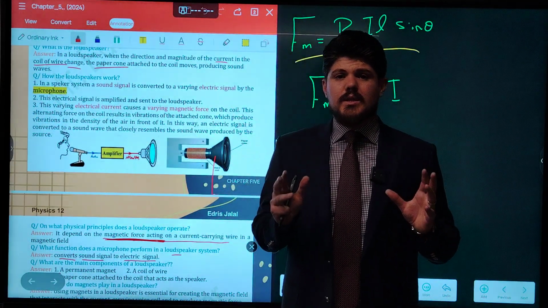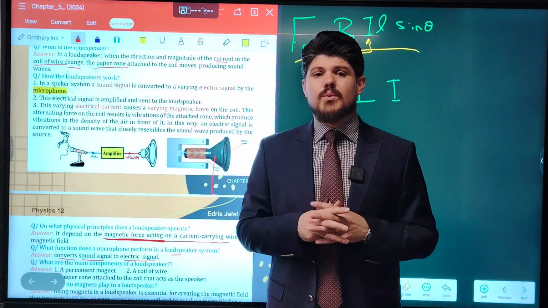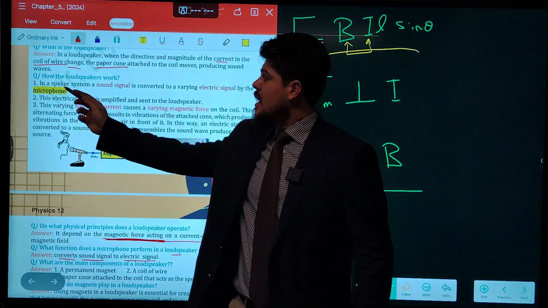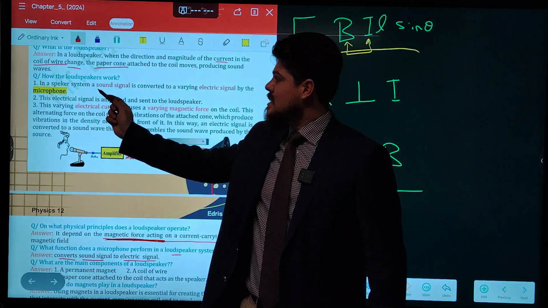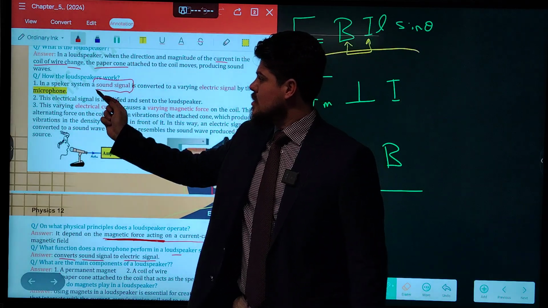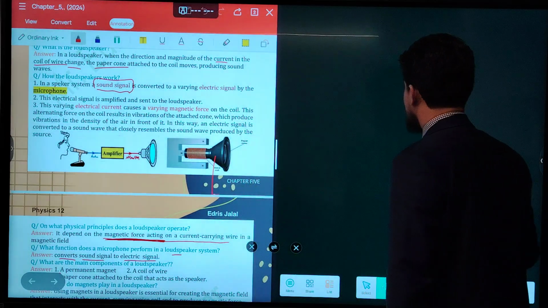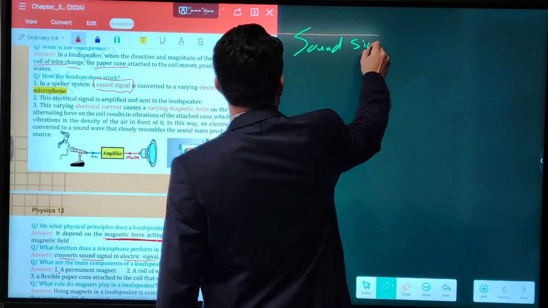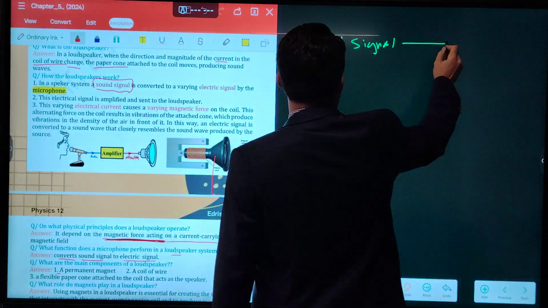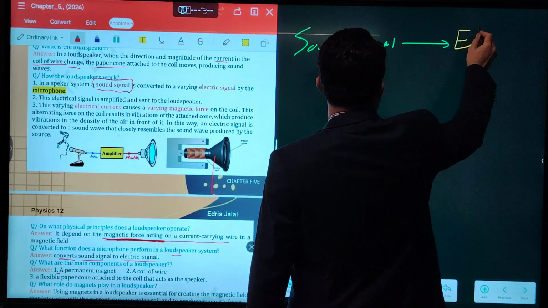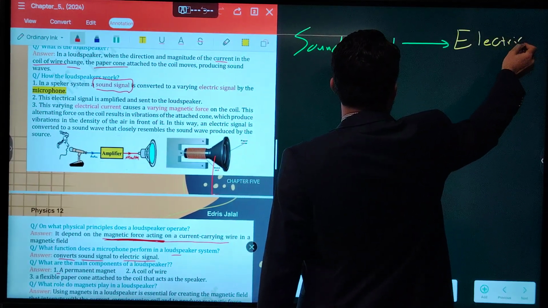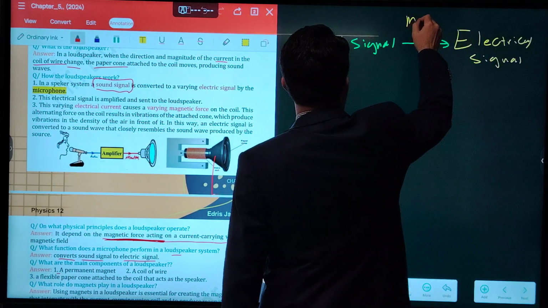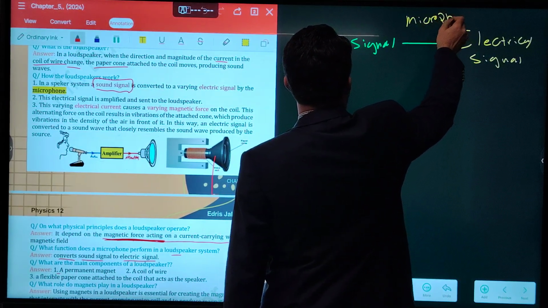Guys, now I'm going to explain in detail how the loudspeaker works. But before the loudspeaker, I would like to explain the microphone. In a speaker system, a sound signal is converted to what? An electrical signal. By what?